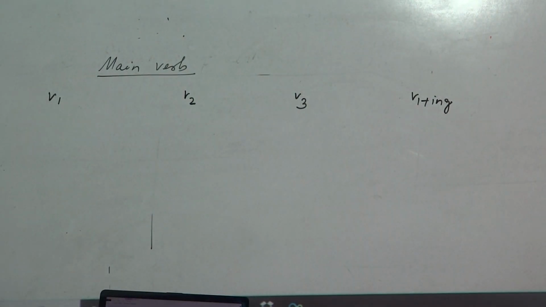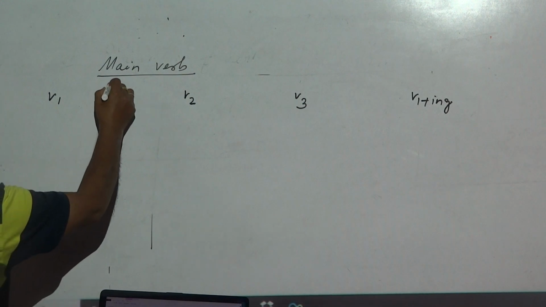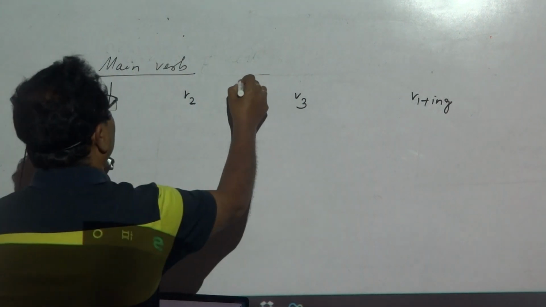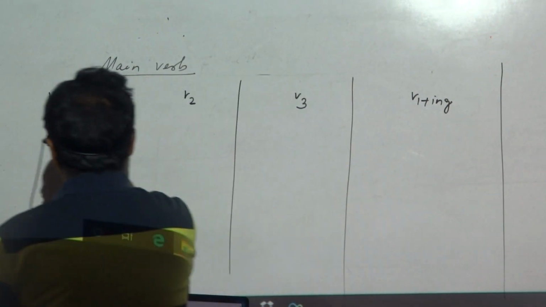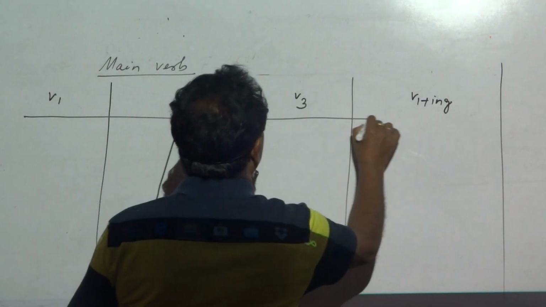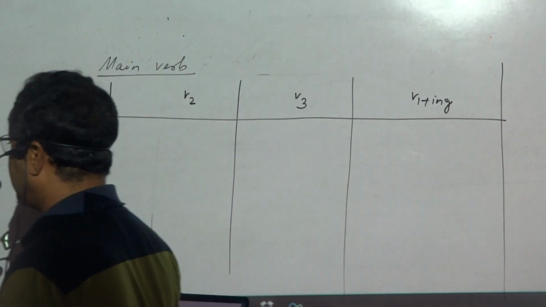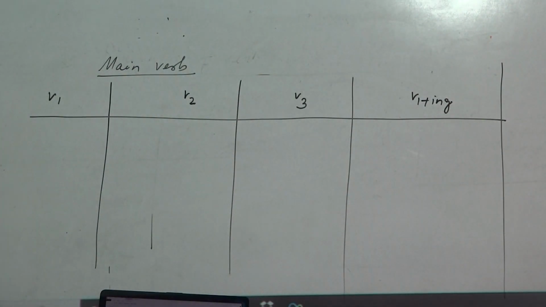Another form is also there, V1 s or es. That you can call V5, but it is not necessary. Okay. V1, V2, V3, V1 ing. These four verbs, some basic knowledge.